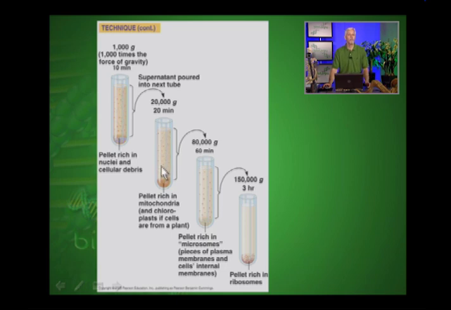That will pull out still smaller structures into a pellet. We'll take those pellets out and examine them and try to figure out what they are and what they do. That supernatant again can be centrifuged again. And so this is known as cell fractionation. So what we do then is break up the cells and then separate out different parts of the cells and then try to characterize them in terms of their structure and in terms of their function.